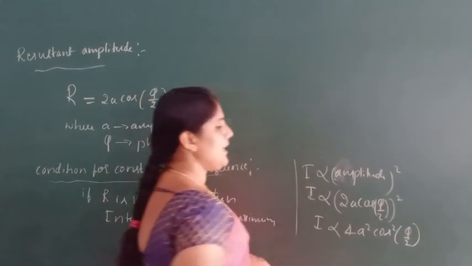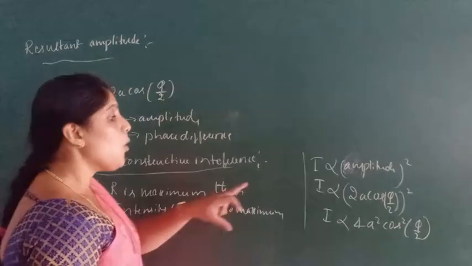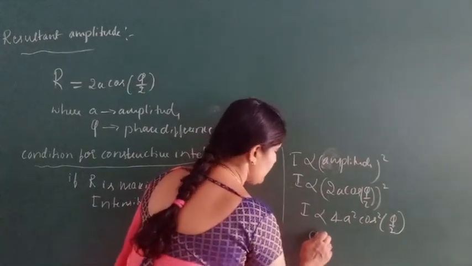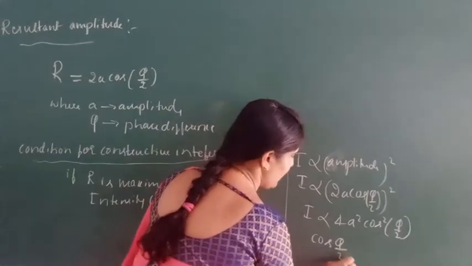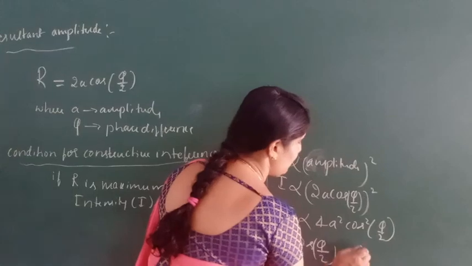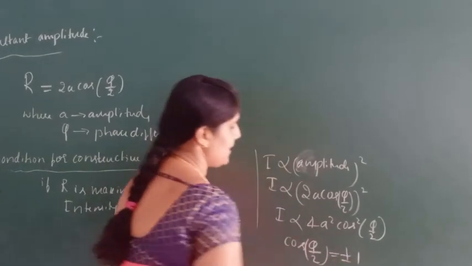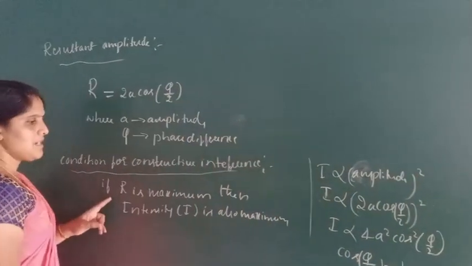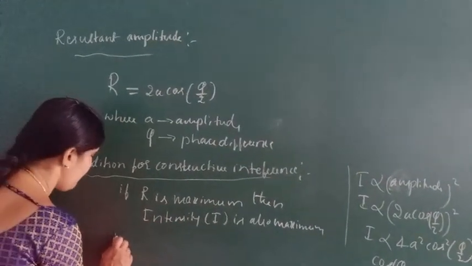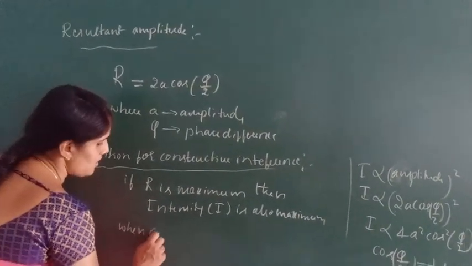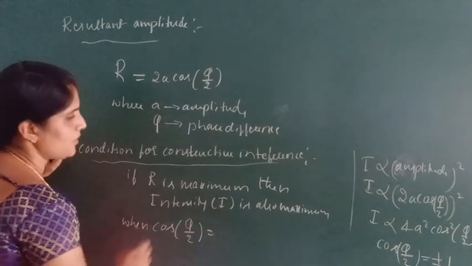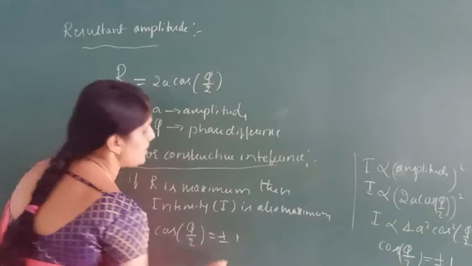Here the intensity is maximum only when cos phi by 2 is equal to plus or minus 1. Apply this here, that is intensity is maximum when cos of phi by 2 is equal to plus or minus 1.